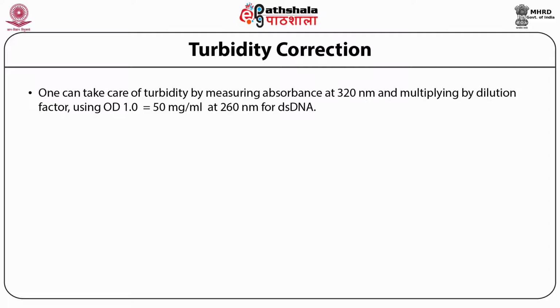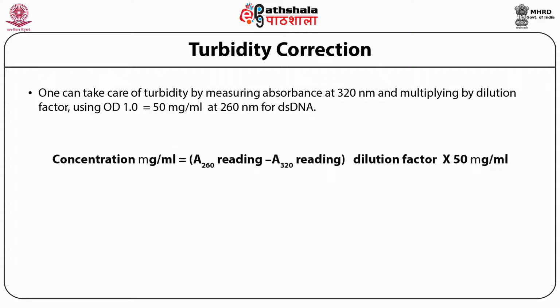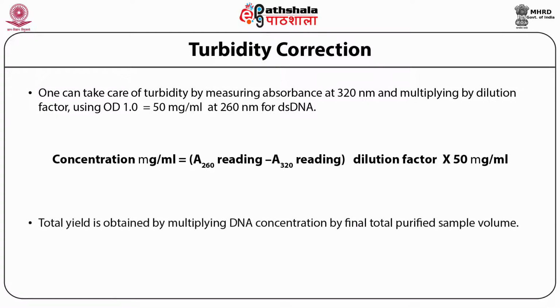Using OD equal to 1.0 for 50 micrograms per milliliter at 260 nanometers for double-stranded DNA, we can calculate the concentration in micrograms per milliliter equal to absorbance at 260 reading minus absorbance at 320 reading, multiplied by dilution factor, multiplied by 50 micrograms per milliliter. And the total yield is obtained by multiplying DNA concentration by the final total purified volume of the sample.